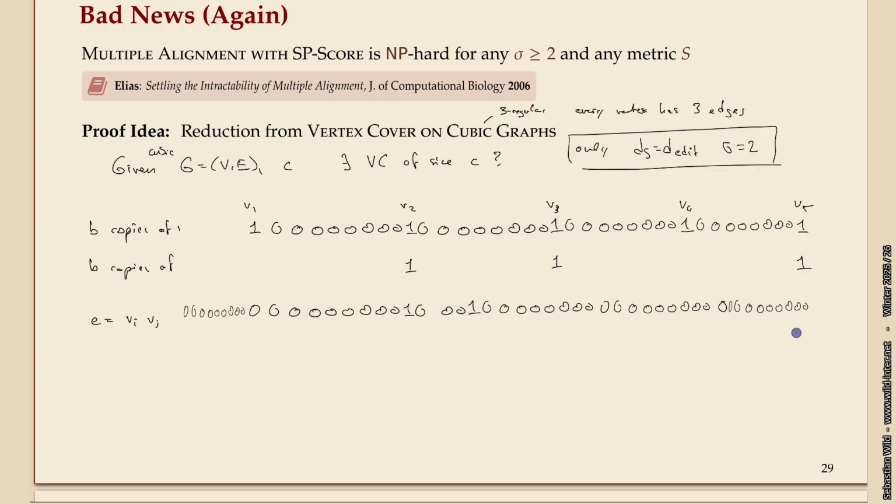And you do this for every edge. And then you can maybe see that you can pick a threshold so that if there's a vertex cover, every edge can be aligned so that at least one of the 2 ones is in agreement with all these B copies. Again, think of B as close to infinity. Very, very big, polynomially big.